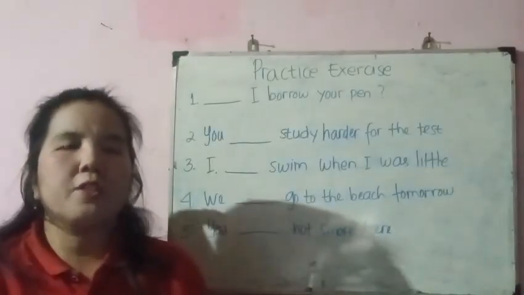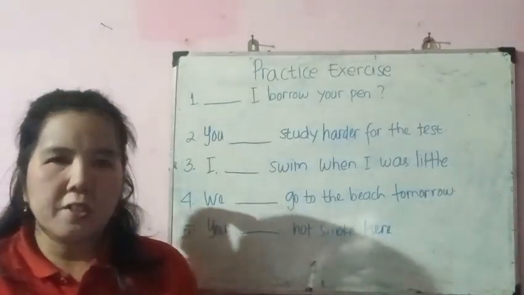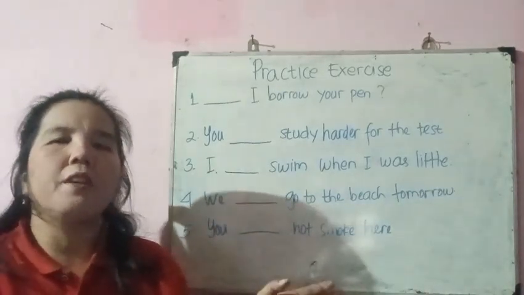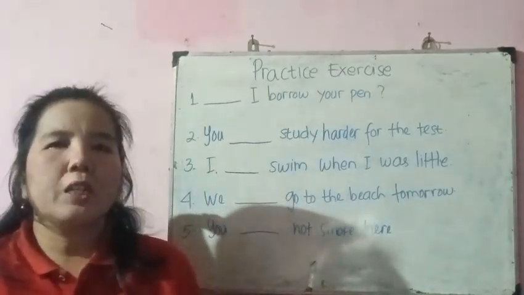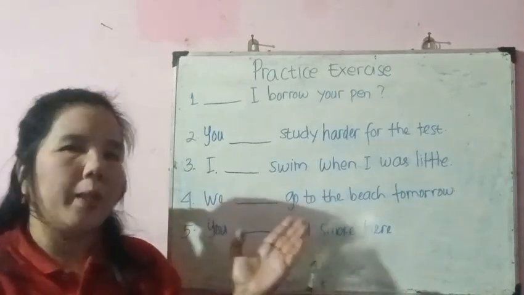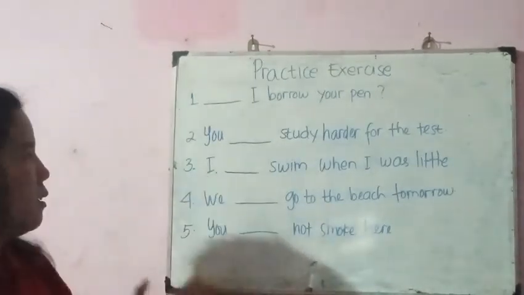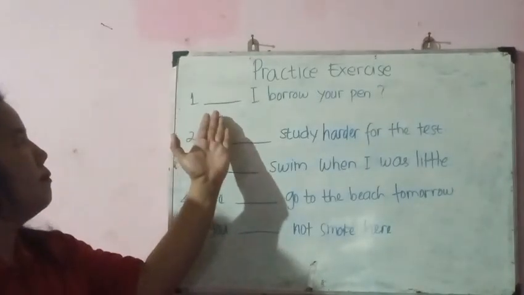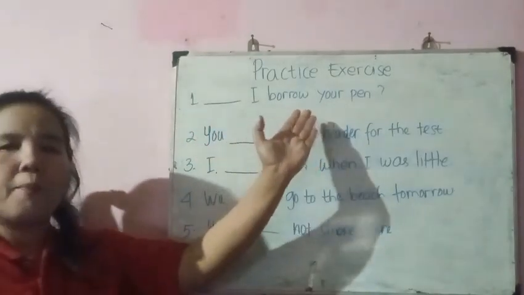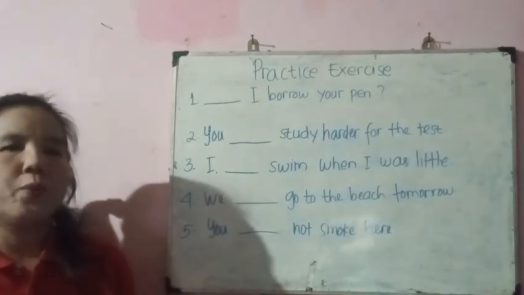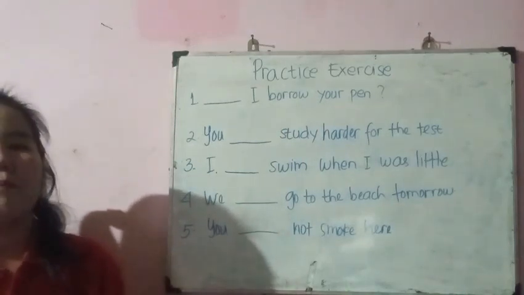Before we end, let's do a short practice exercise together. I will say a sentence out loud and you try to guess the correct modal verb to complete it. Ready? Let's begin. Number 1. I borrow your pen. Think, what modal do we use for permission?